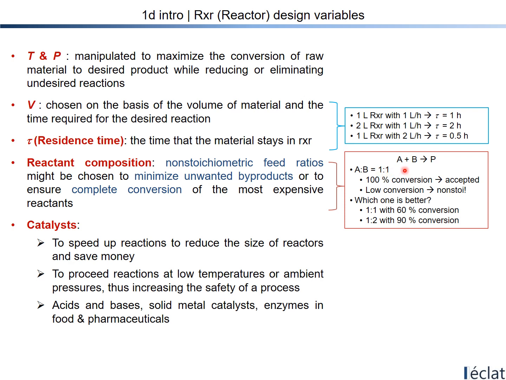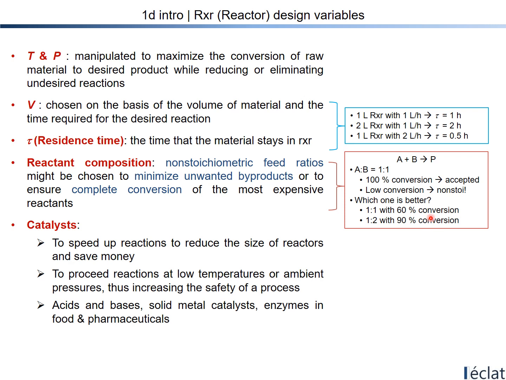Then, if we could obtain 100% conversion at this stoichiometric feed ratio, then this feed ratio would be accepted. However, sometimes this stoichiometric feed ratio leads to very low conversion. Then you should think about the second choice, which is the non-stoichiometric feed ratios to the reactor.